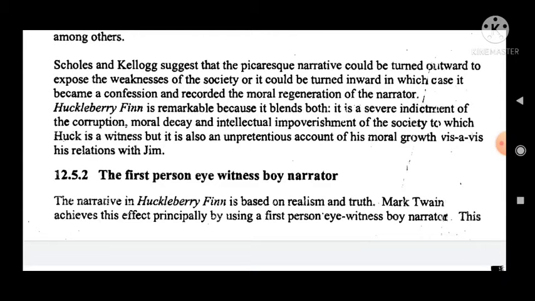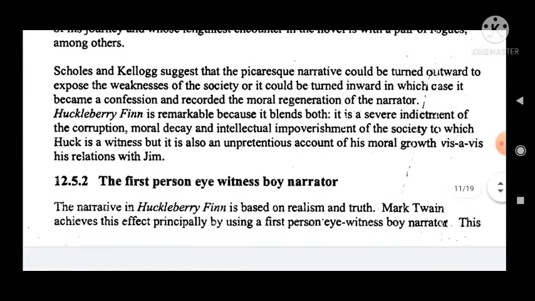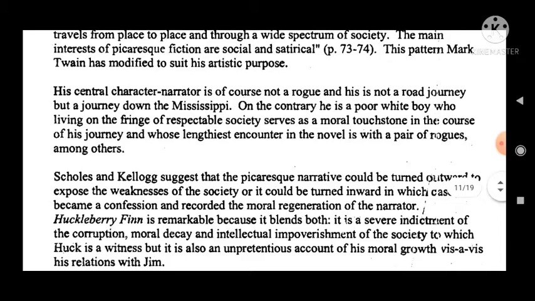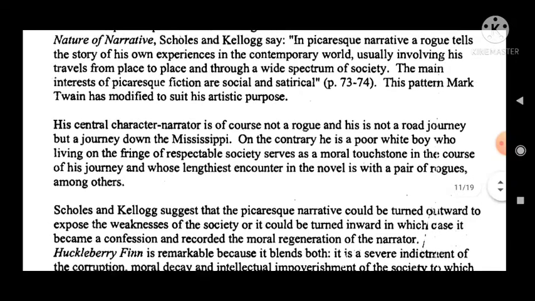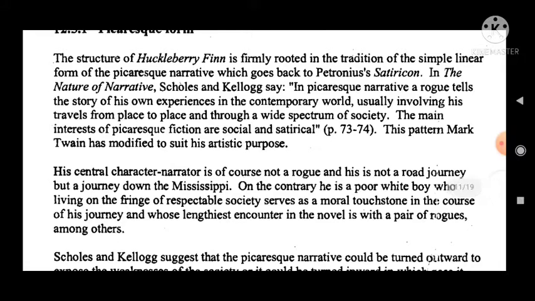It is a severe indictment of the corruption, moral decay, and intellectual impoverishment of the society to which Huck is a witness. But it is also an unpretentious account of his moral growth with his relations with Jim. Okay. So it is a picaresque novel, a picaresque Satyricon, or picaresque social and satirical fiction.